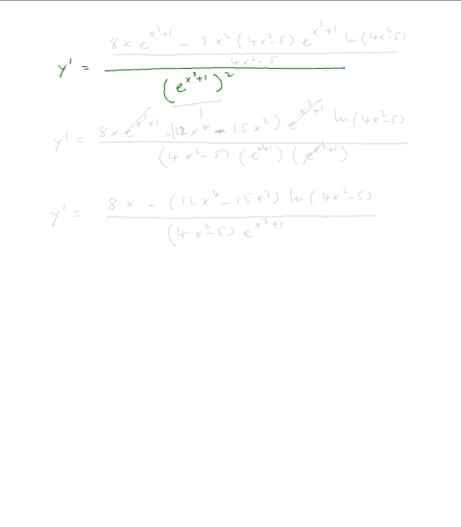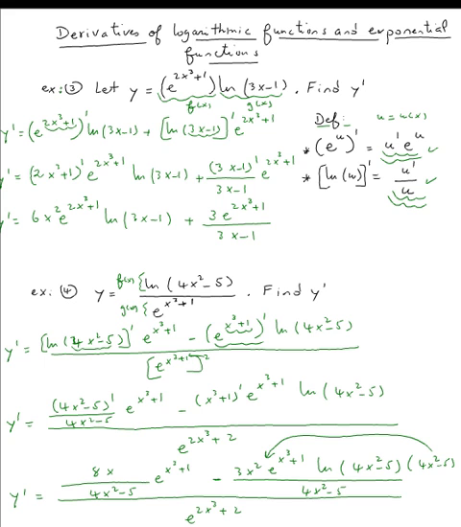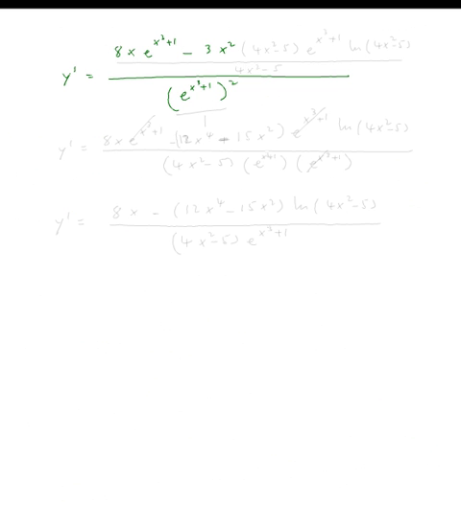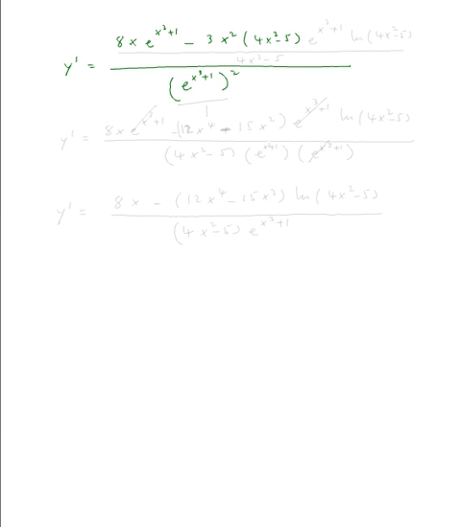Now the top will be 8x e to x cubed plus 1 minus, I'm gonna move this here, so 3x squared, 4x squared minus 5, e to x cubed plus 1, ln of 4x squared minus 5.